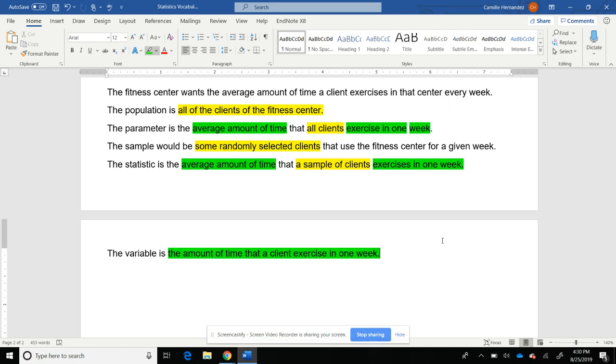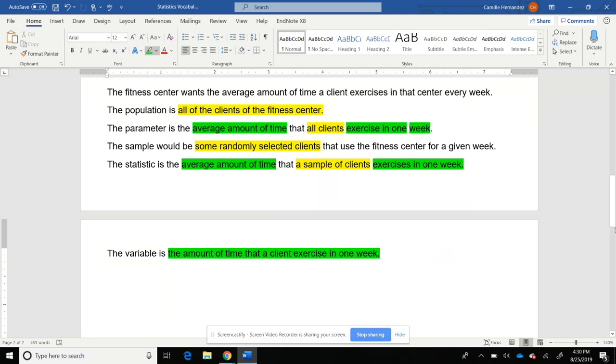But there might be a person that doesn't go to the fitness center that week. So it's easier for them to take how much time you went to the fitness center, how much time I did, and those other 2 people, and then they find the average. The average is when we're looking at the groups. The variable is when I'm looking at one person. That's what we want to know.